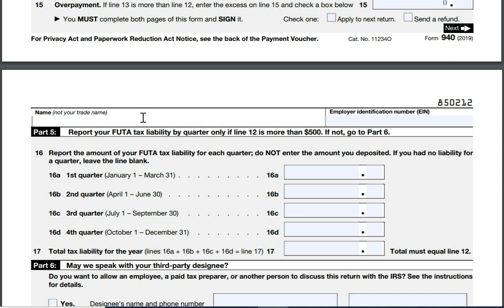Please do not forget on the second page, fill out again your company name and your tax ID.